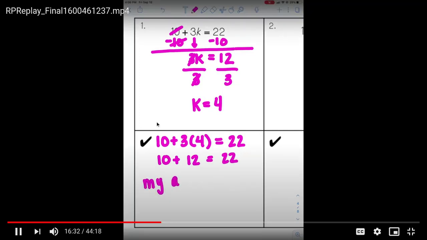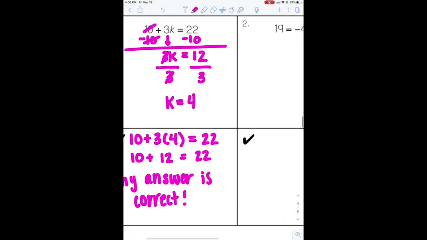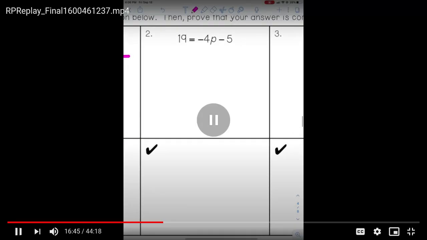Okay, so you're going to practice plugging that answer you got in here to check your work, okay? So I'm going to give you time to work through number 2, and then we're going to go through it, and then you'll work through number 3. So there's number 2. So go ahead and pause the video and work that out. Okay, now that you've paused the video, watch how I do it so you can check your answers.